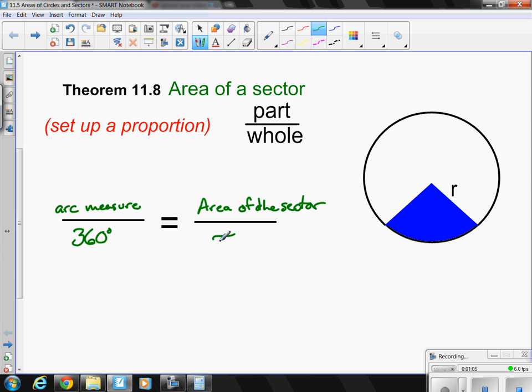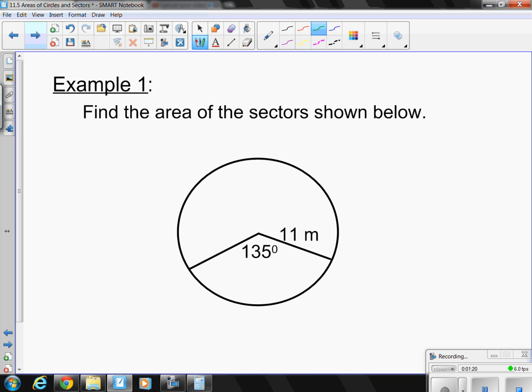The total area of a circle is pi r squared. So it's the same kind of proportion. This part is the same, but now instead of using arc length and circumference, we use area of a sector and area of a circle.